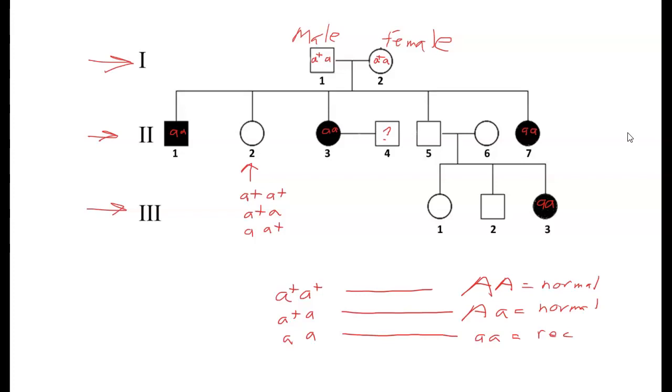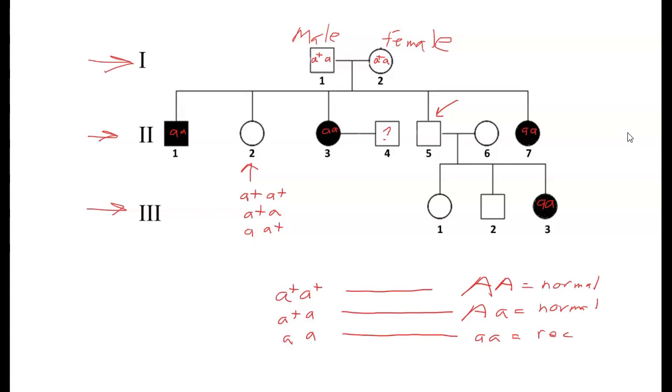Now, I want to spend a little bit of time on this guy right here, generation 2, number 5. This would be a fair question on a test. You'll get something like this. But what absolutely 100% is this person's genotype? You may be saying, well, heck, I don't know, because he could be A plus A, or he could be A plus A plus, and both of those would have the non-trait for the attached earlobe.